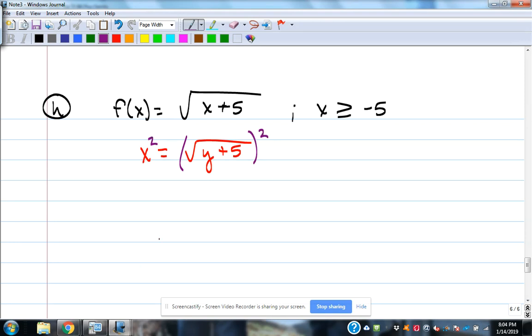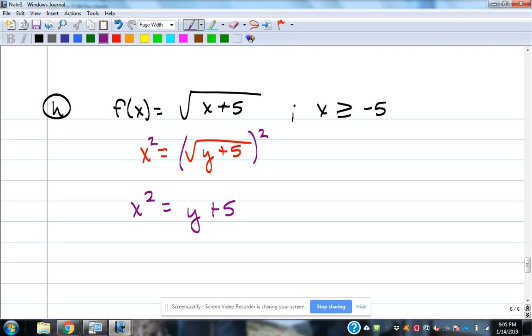So we're squaring the entire left side and the entire right side. This squared right here cancels out the square root. They cancel each other out. When you square both sides, you get y plus 5 out of the square root. And on the left side, you've got x squared now. Okay?